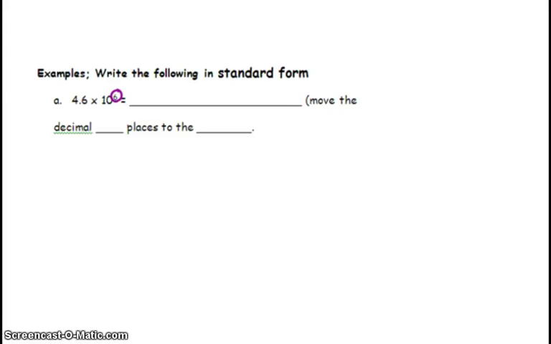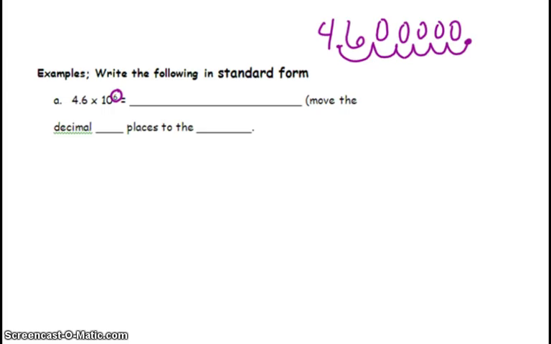So the 6 tells me how many times to move the decimal point. Right now the decimal point's between the 4 and the 6 in 4.6. If I move it 6 places, there's 1, that 6 takes up one of the places, 2, 3, 4, 5, 6, and it's going to end up down here at the end of the number. I need to fill this in with zeros.